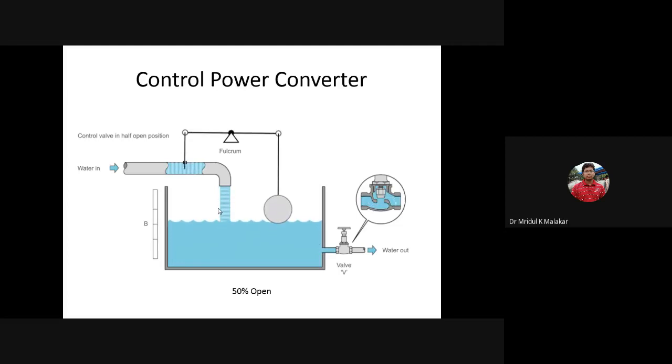Okay, so this is the protection. It means you are not only making the control system. In a control system you have to ask every time the question: what is the safety? There are two things that are mandatory. One is the sufficient condition. The control is B, it will control the 50% opening. It is a sufficient condition, but is it really sufficient? It requires the necessary as well.